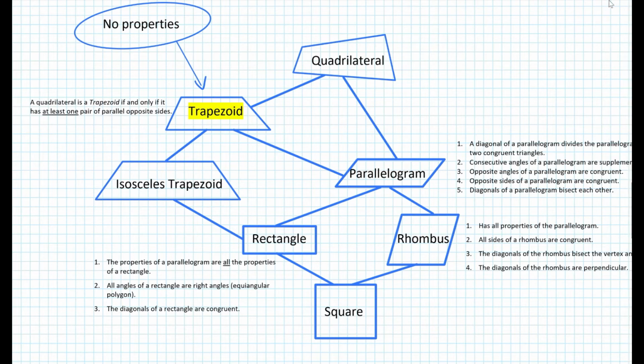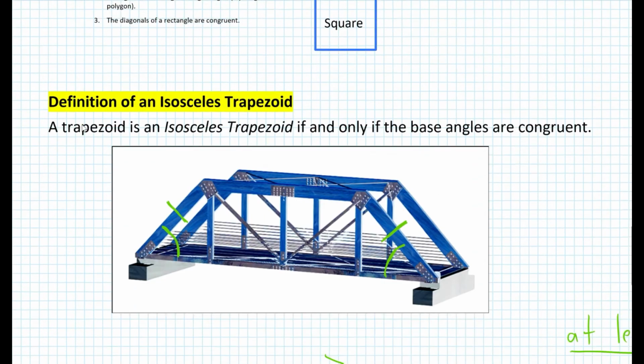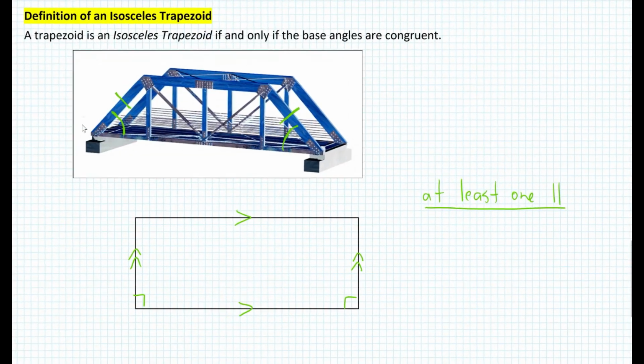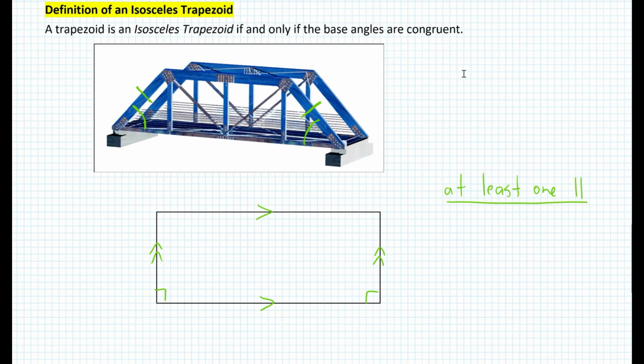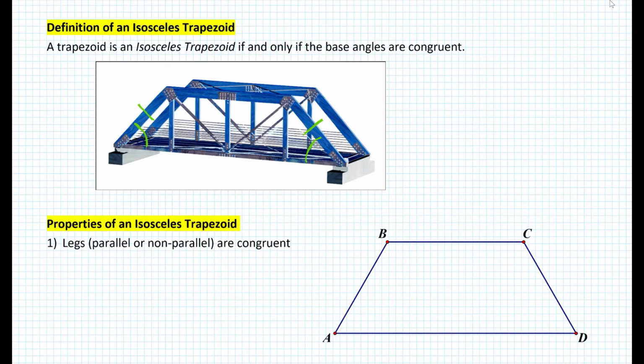Now that we have the hierarchy, we can also think about what the properties of an isosceles trapezoid are. So the first property of an isosceles trapezoid is that the legs are congruent. But again, if it's a rectangle, then the legs could be any of the opposite sides.